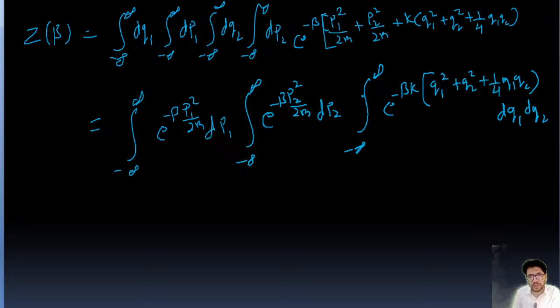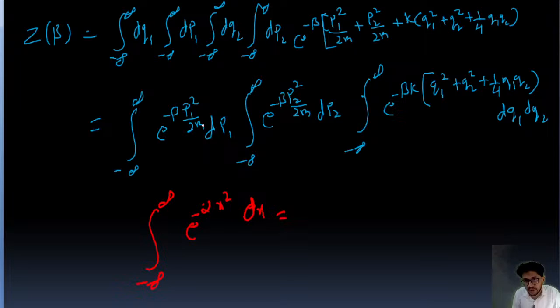So we know the formula: e to the power minus alpha x square, where alpha is a constant. I have already explained this in my mathematical class yesterday.